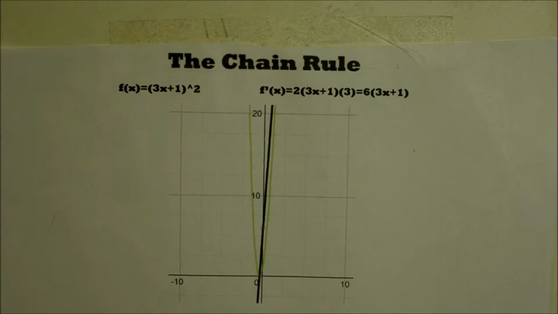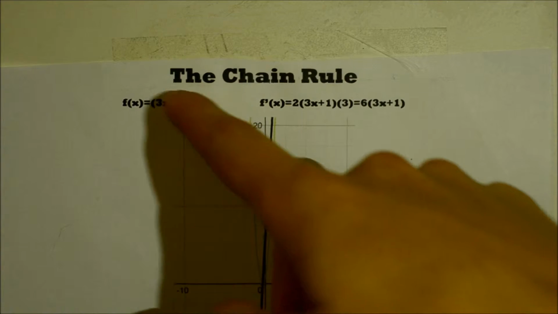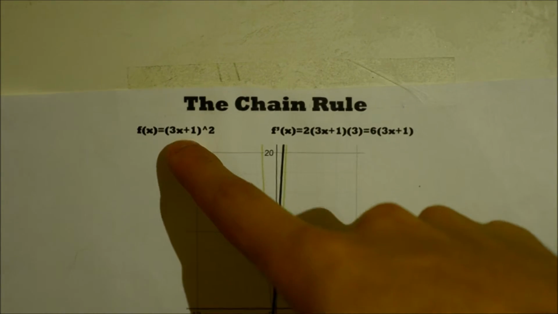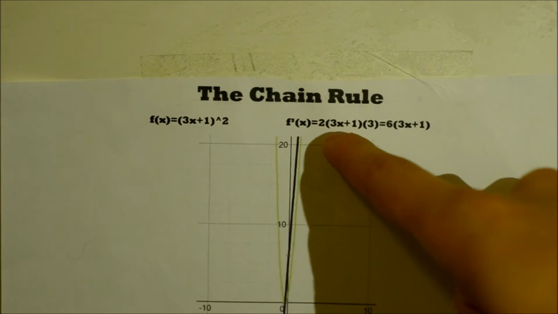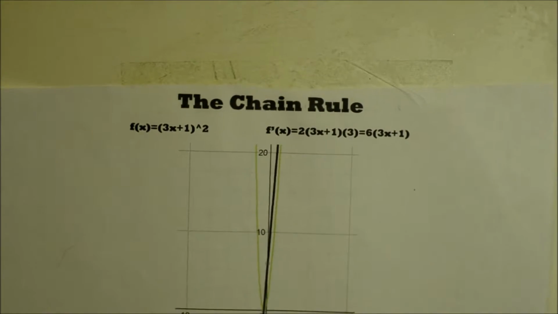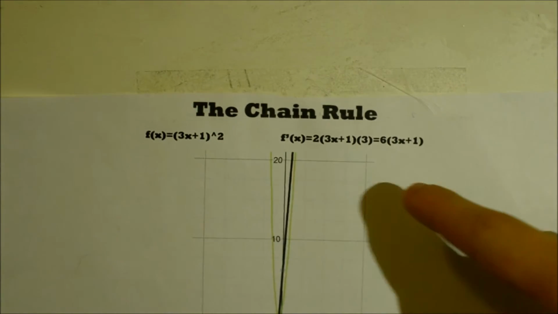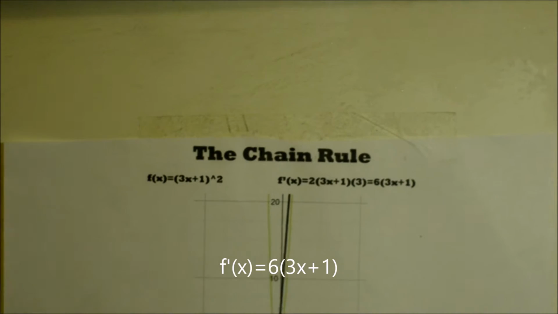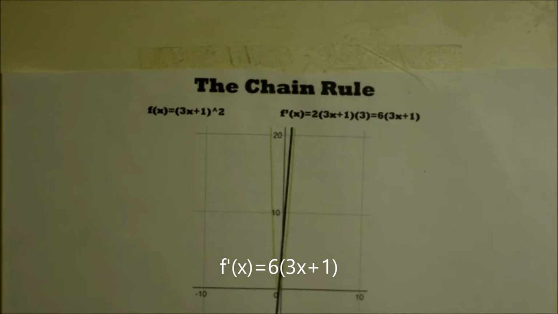When differentiating this function, you will take the derivative of the outside, so bring the 2 down, multiply it by the baby, keep the baby, which is the inside, the same, subtract 1, so you have 2 times the quantity of 3x plus 1, and then you multiply that by the derivative of the baby, which would be 3. Then, to make it all simple, you will combine like terms to get a final derivative of 6 times the quantity of 3x plus 1.